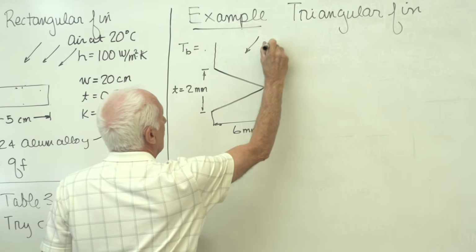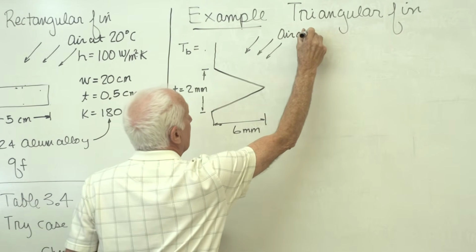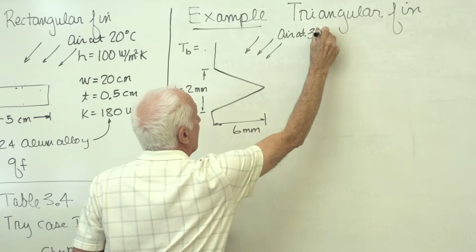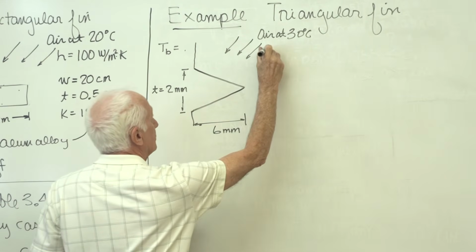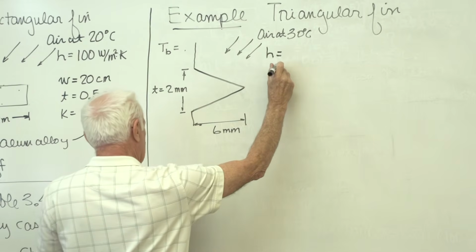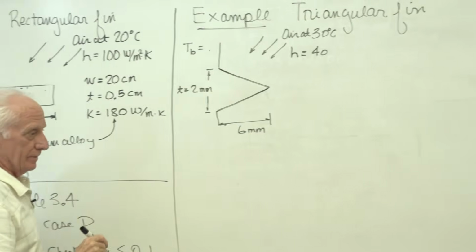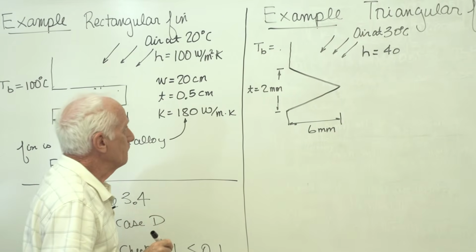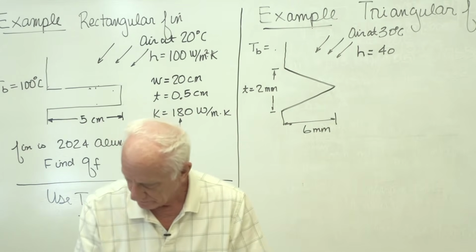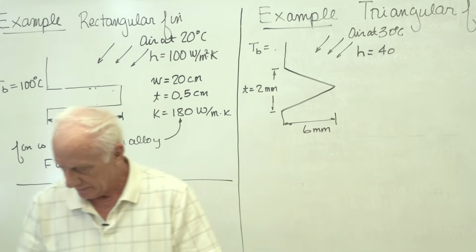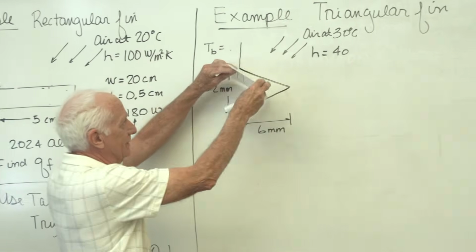There's air blowing over the fin at 30 degrees C. And the convection coefficient between the surface of the fin and the air is 40 watts per square meter degree C. So that fin looks like this.